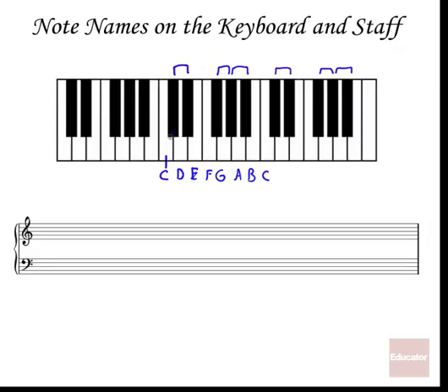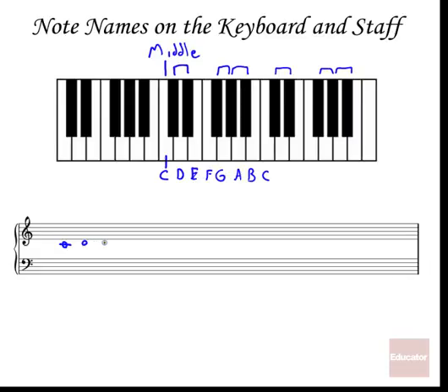And let's look at where these correspond to on the musical staff. So if this was the middle C on the piano here, so middle C. On the staff in the treble clef, we can find that middle C here. And then, of course, going up, we'll have the same notes that we did on the white notes of the keyboard.